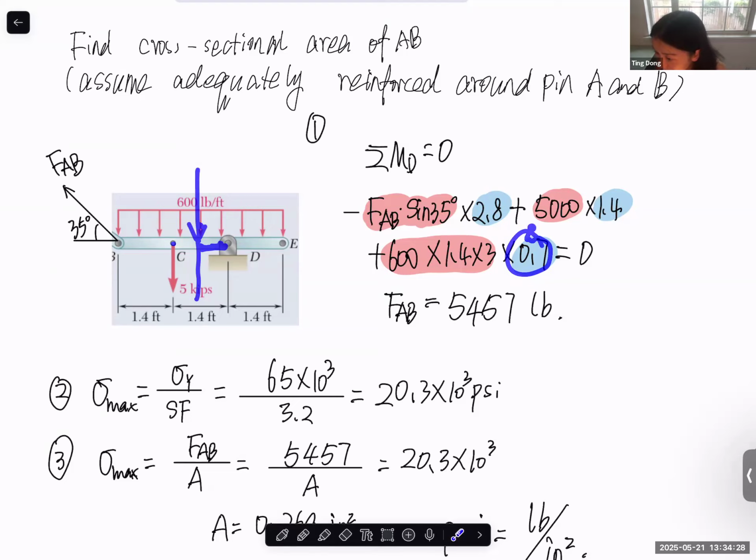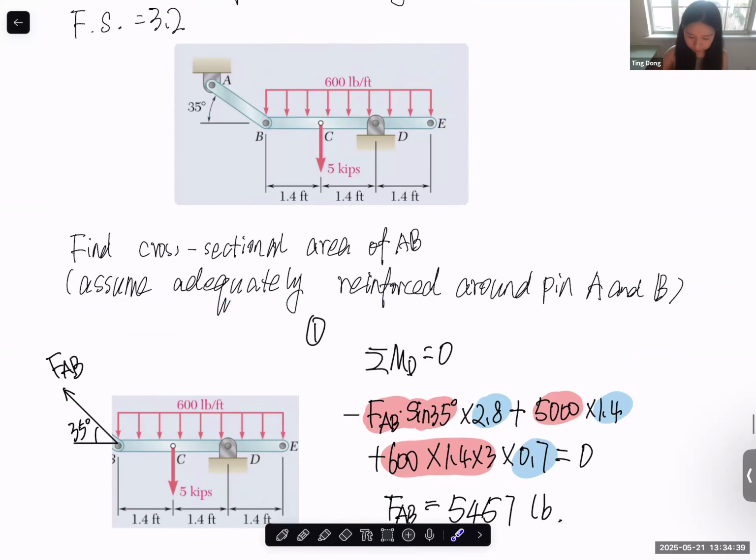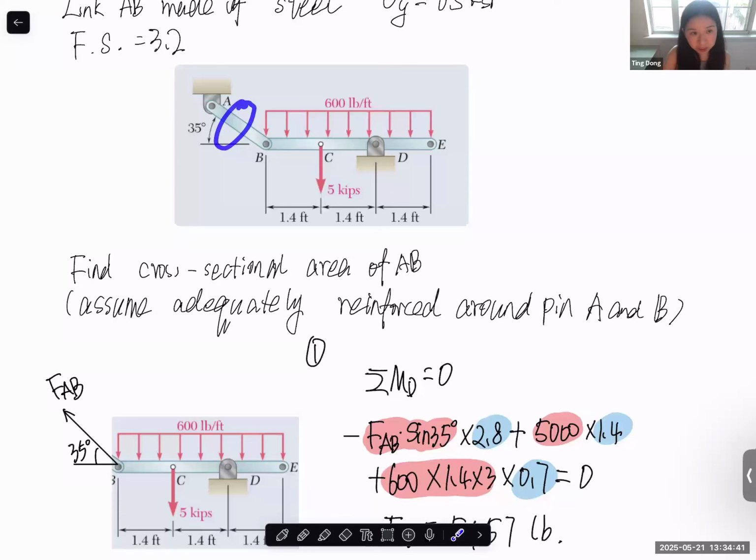Okay, you're welcome. What does "assume adequately reinforced around A and B" mean? We intentionally put this here because, if this is a project problem, you need to check whether it will fail or be safe here. But the place more likely to fail in real life is at this link, because at these two pin joints you have a fastener hole, and whenever you drill a fastener hole in a structure, it causes stress concentration.